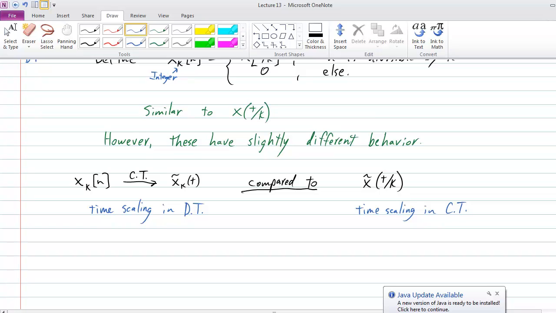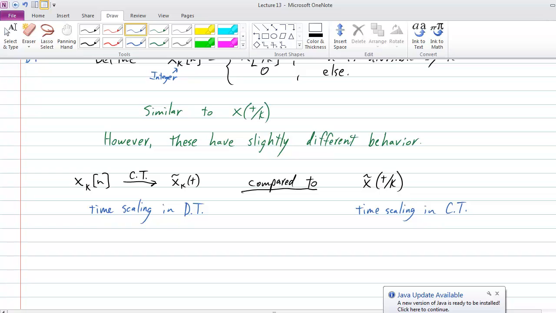By the way, you might remember that when you proved properties of the Fourier transform, the time scaling property in continuous time had a 1 over A factor out front, but the time scaling in discrete time didn't. I pointed that out in the problem set. The reason was subtle. Well, this is really the reason. It's the same reason you get a scaling factor when you spread it out in continuous time and you don't in discrete time. When you scale delta functions, you have to realize that affects their amplitude, and that affects them under the integral.